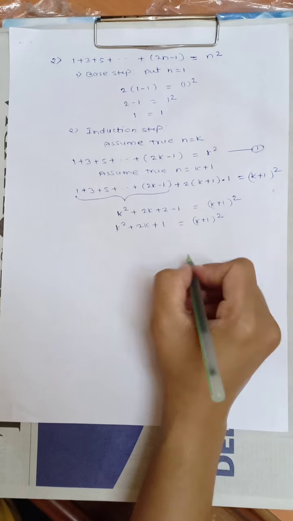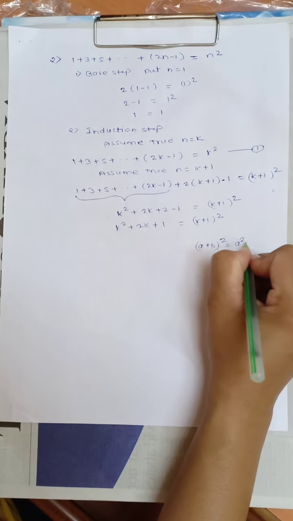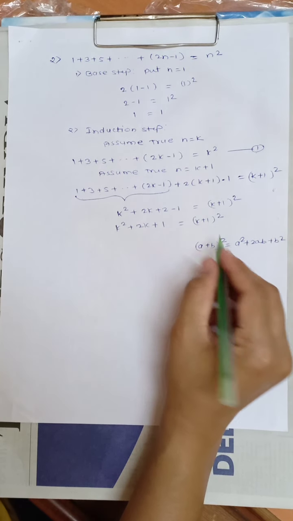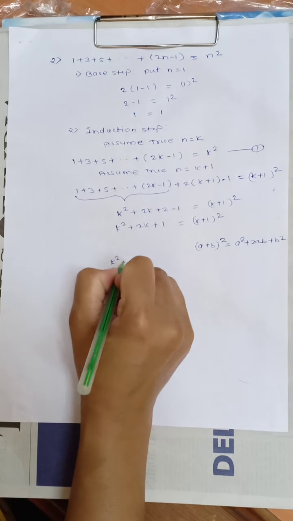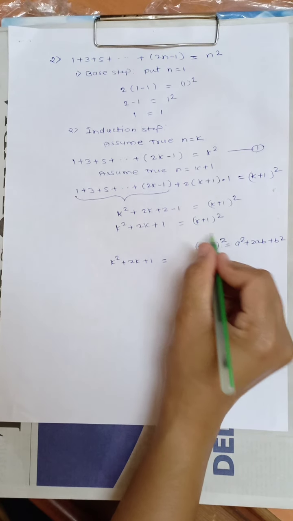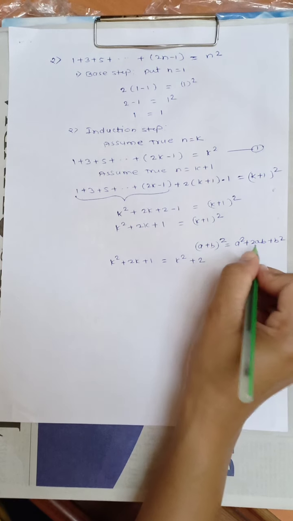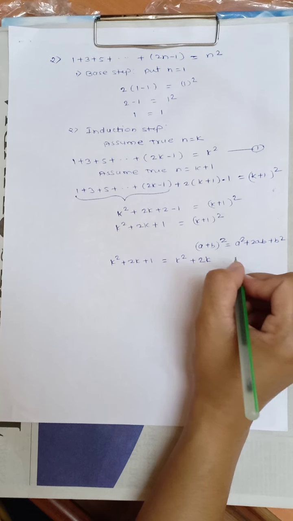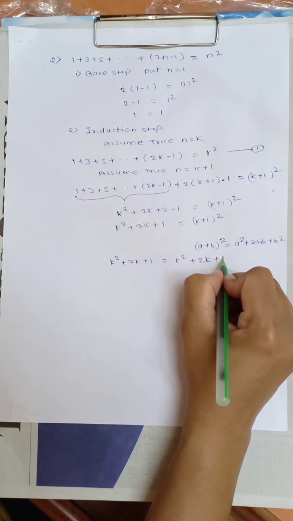As we know that a plus b whole square is equal to a square plus twice ab plus b square, put this formula into this equation. So k square plus 2k plus 1 is equal to, in this case our a is k, so write k square plus 2 into a, meaning k, and b meaning 1, so no need to write the value 1, plus our b square, which is 1 square, that is 1.